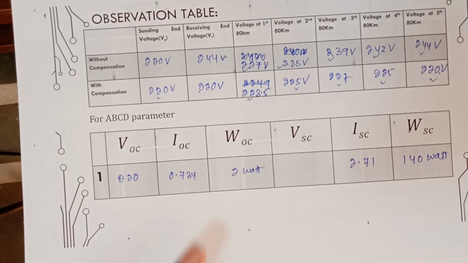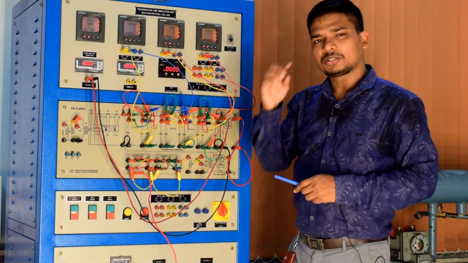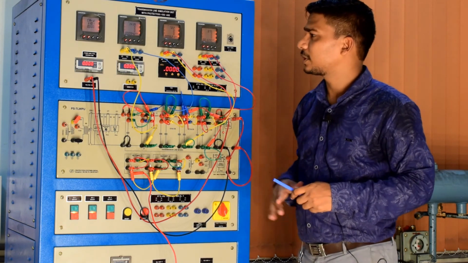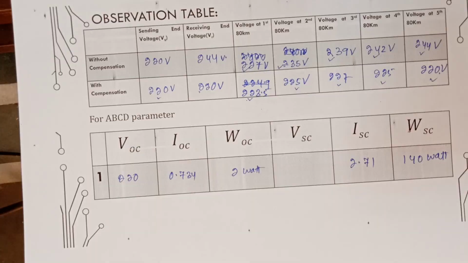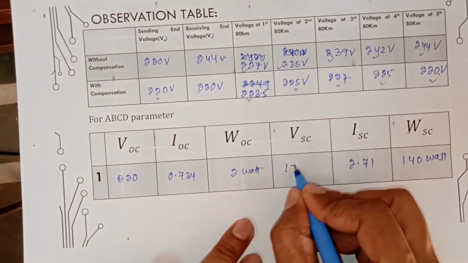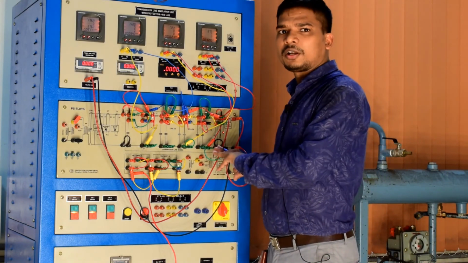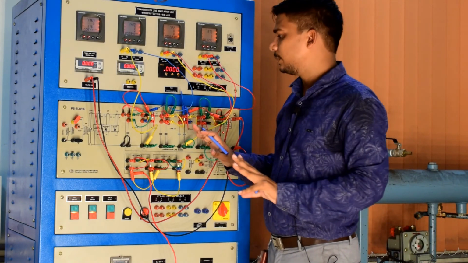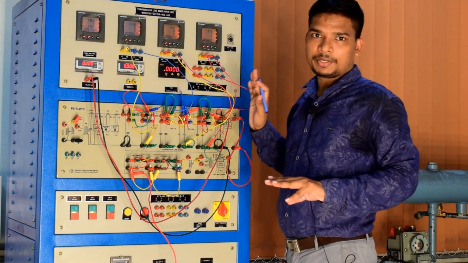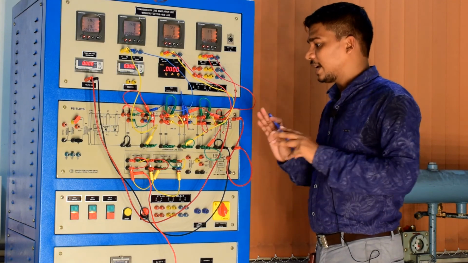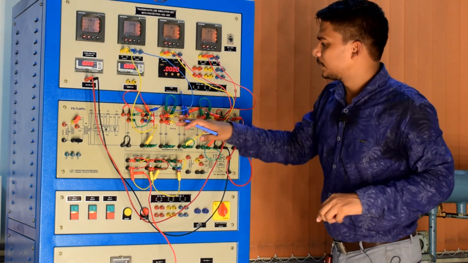Our power is 140 watt, and the voltage, which is nothing but the short circuit voltage, we applied approximately 180. Let us see, it is 176. Our short circuit voltage is 176, because before doing the short circuit I had applied 182. After the short circuit the voltage is reduced to 176 because of the loading current of the transmission line.